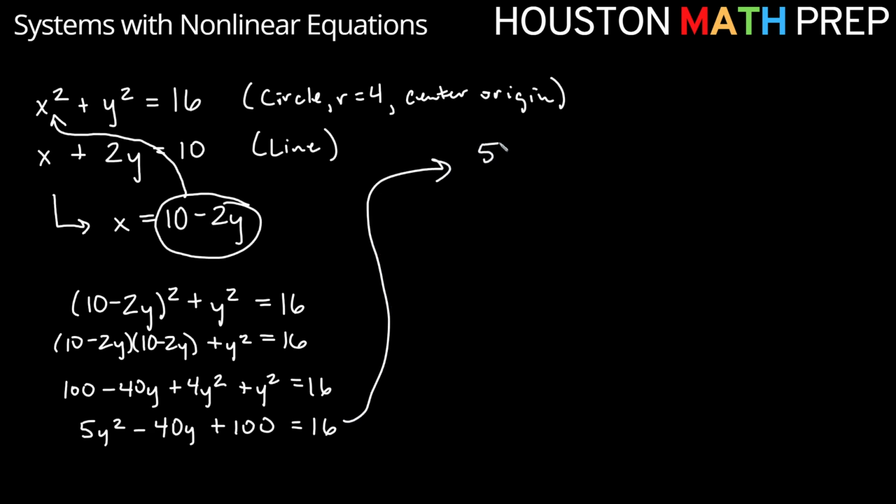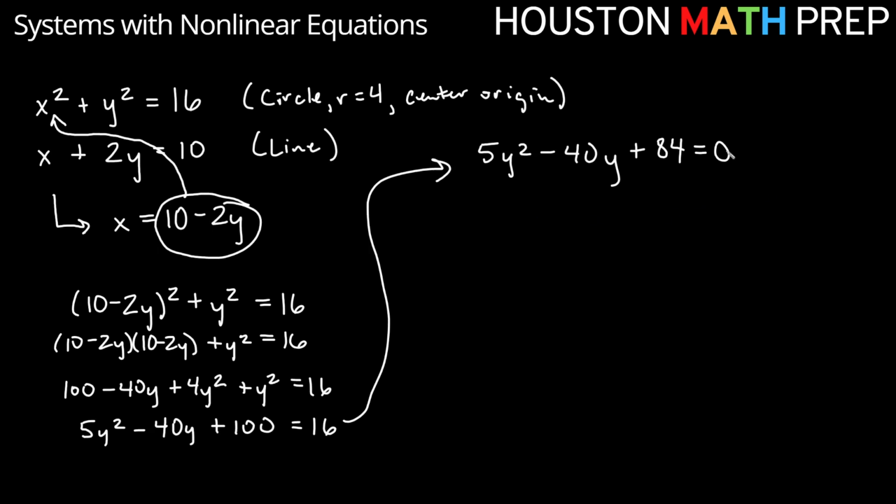These are interesting numbers here. Let me at least move the 16 over if we're going to factor it at all, or use the quadratic formula. We do want everything equal to 0. So 5y squared minus 40y, subtracting 16 is going to give us 84 there. We might be able to figure out factors of, for example, 420 that add up to negative 40. We might not. So let's see if we can use the quadratic formula, right?